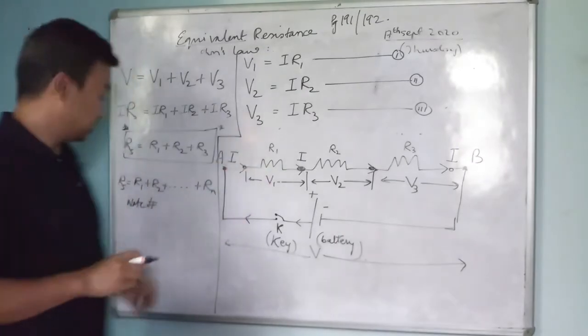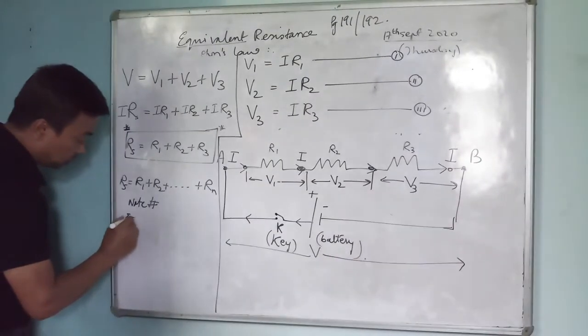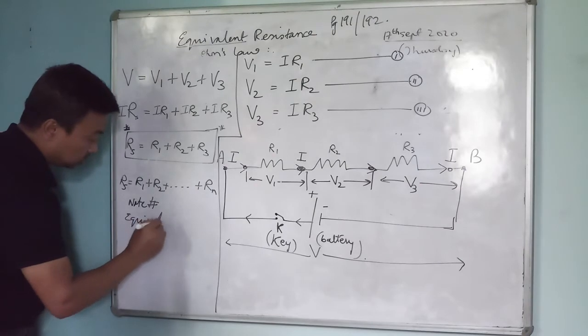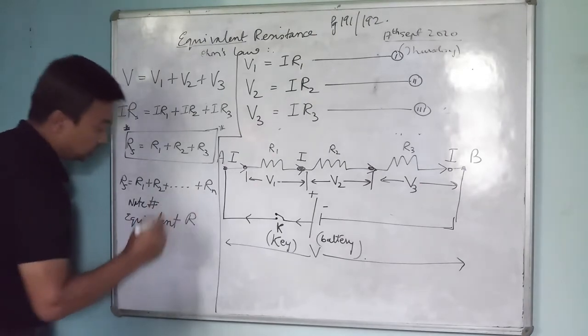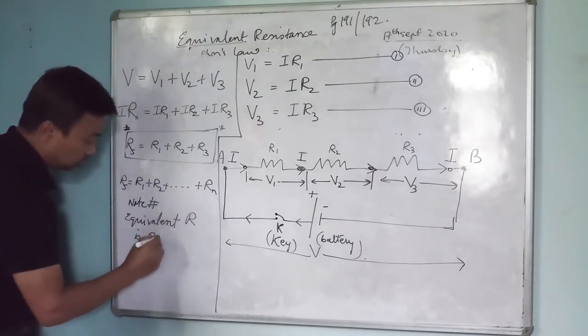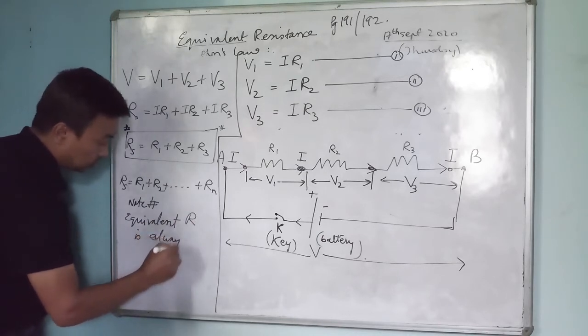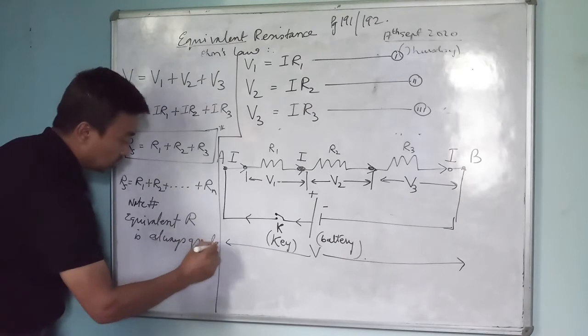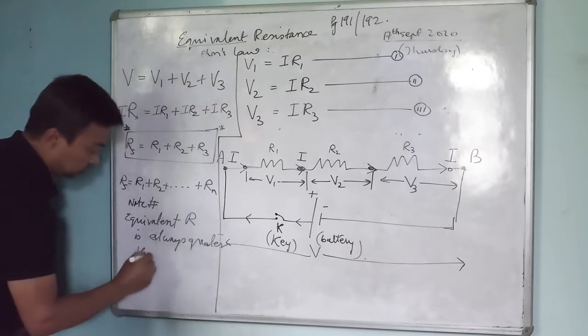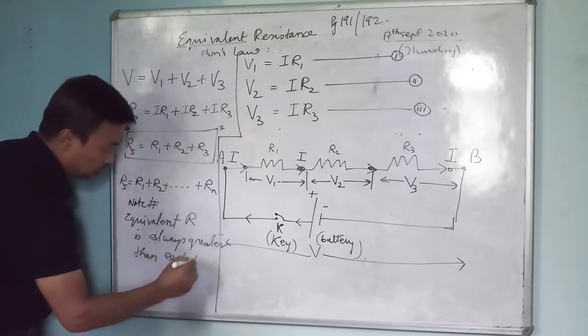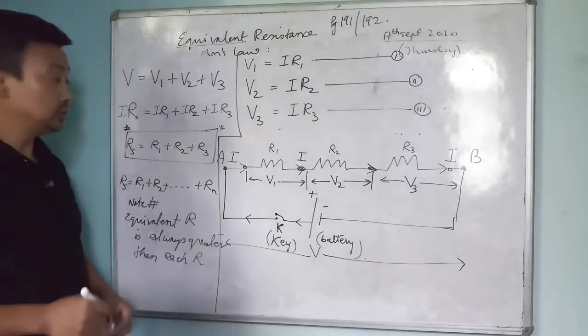The total resistance, or we can write the equivalent resistance, is always greater than each resistor in the series circuit.